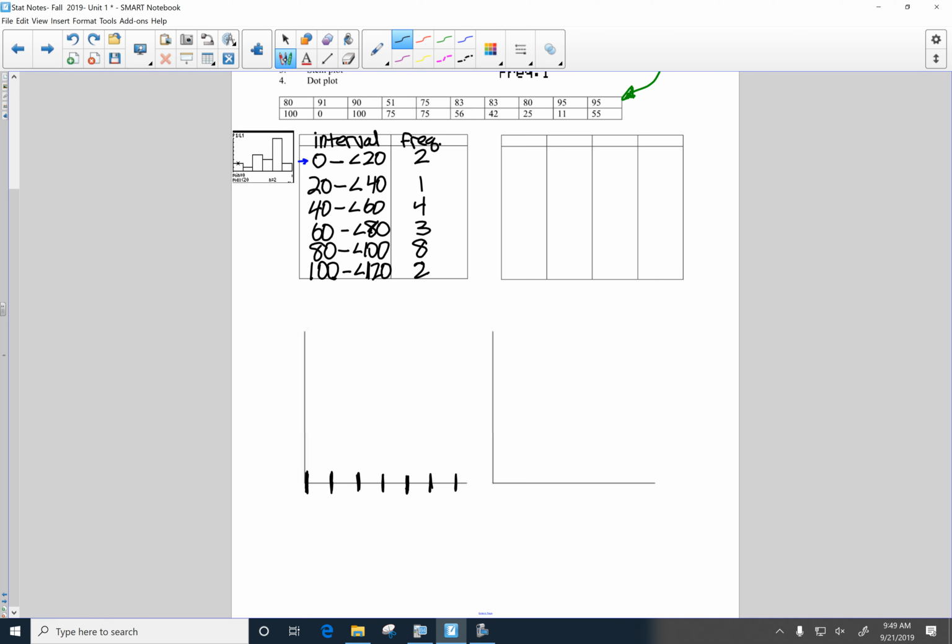So I'm going to write my intervals in those bins. So 0 to less than 20, 20 to less than 40, 40 to less than 60, 60 to less than 80, 80 to less than 100, and 100 to less than 120.